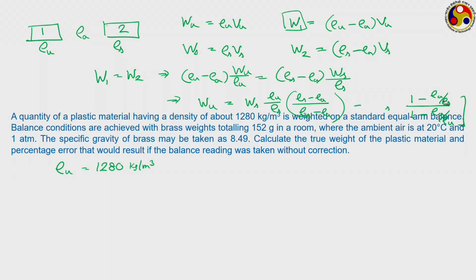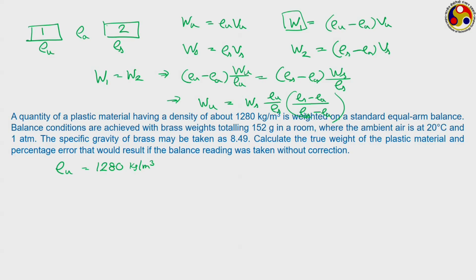This term equal arm balance is important because we always consider the arms to be equal. This information is generally never mentioned, but practically we are always talking about an equal arm balance. So balance conditions are achieved with brass weights totaling 152 gram in a room. That is what we have to provide when doing the measurement, 152 gram of weights.